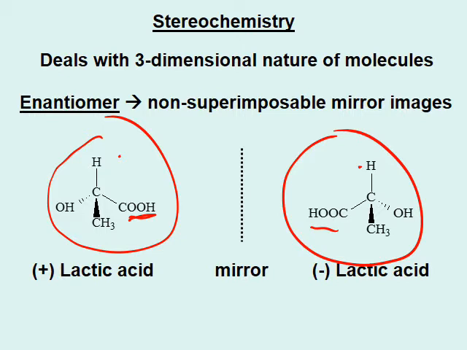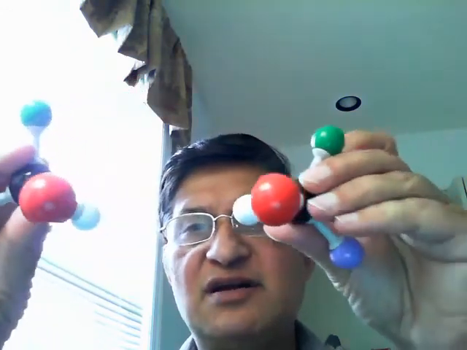As I said, in order to understand it, you make the model and then you find out for yourself. I'm going to show you by building a model how I understand whether they're superimposable or not. Here I made a model of carbon with 4 different groups bonded. So each center represents a chiral center, and I made its mirror image.